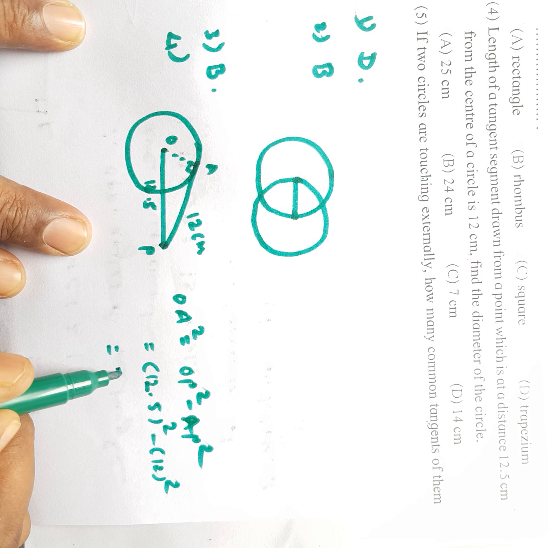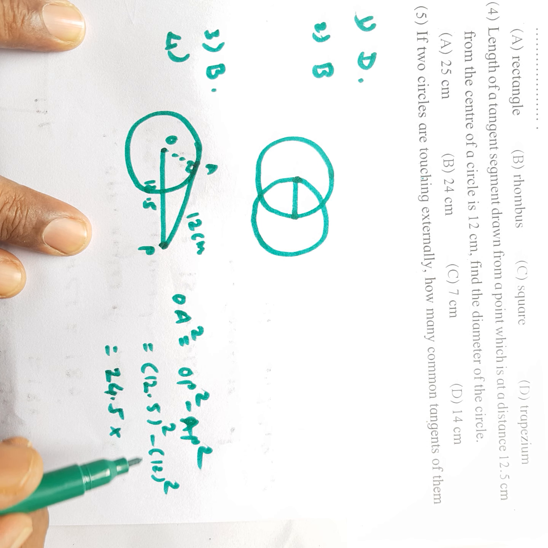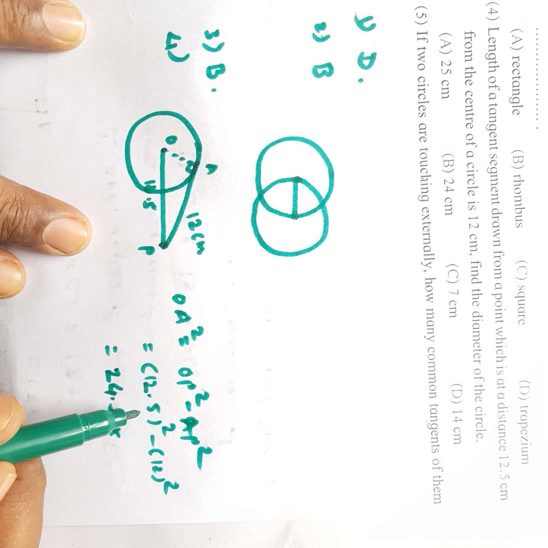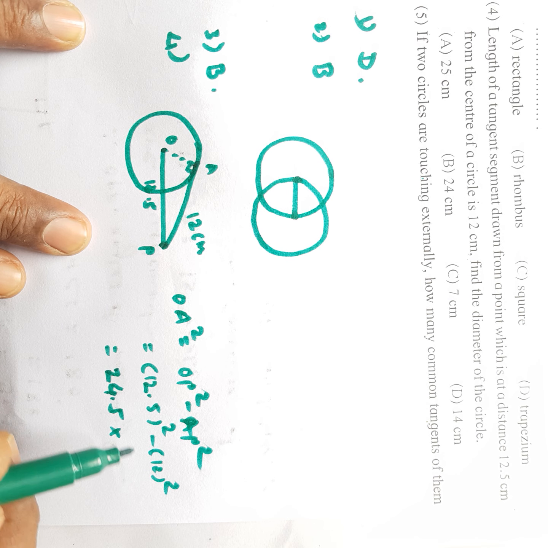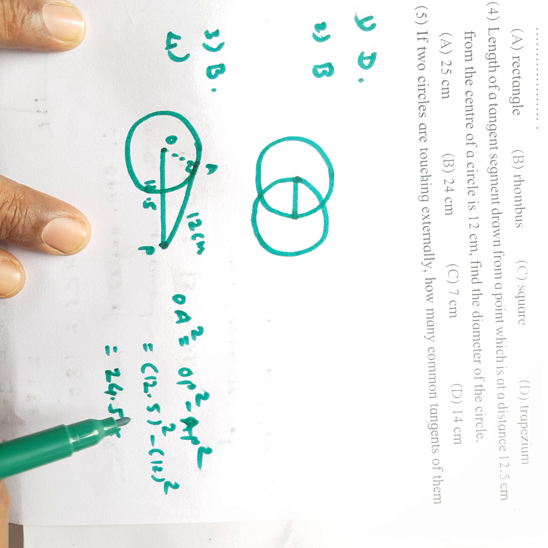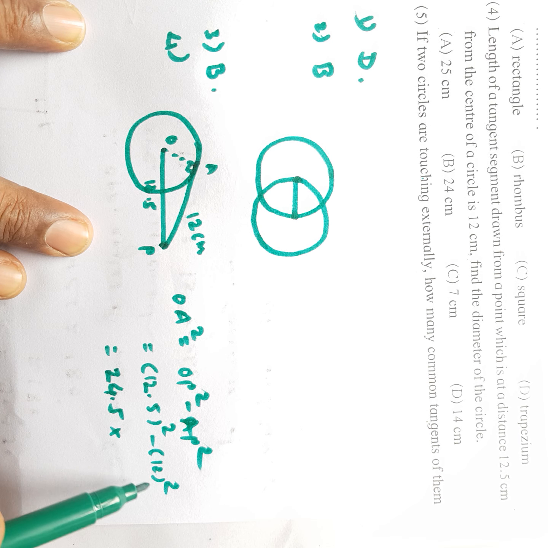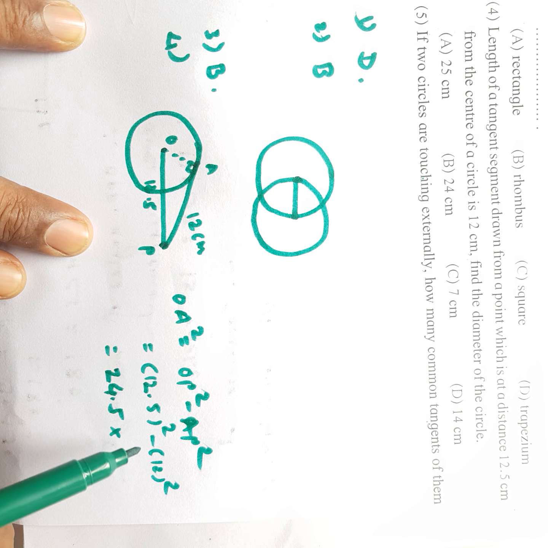which means (a plus b) into (a minus b), that is 12.5 plus 12, which is 24.5, into 12.5 minus 12, that is 0.5.